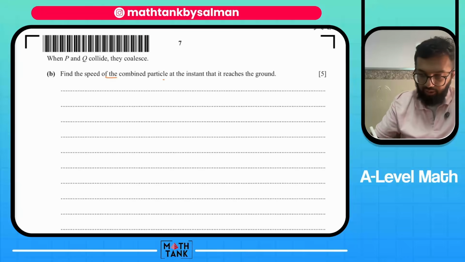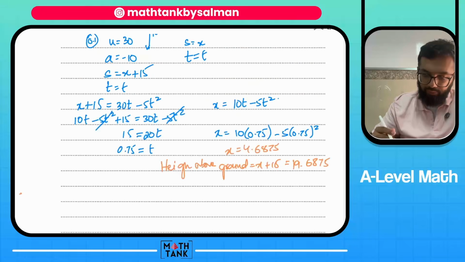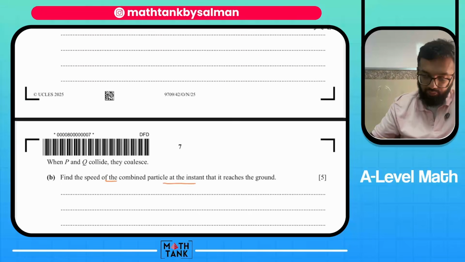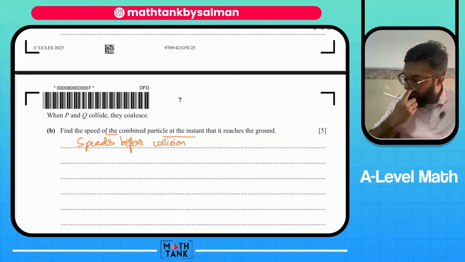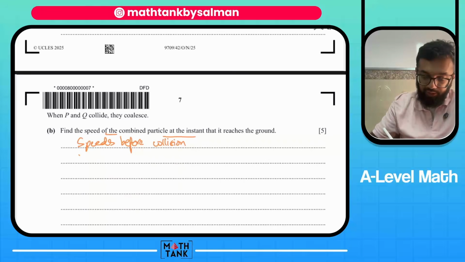Find the speed of the combined particle at the instant when it reaches the ground. Okay, so what were their speeds when they collided? That's important for me. Speeds before collision. For P, U was 30, A was minus 10, T was 0.75.